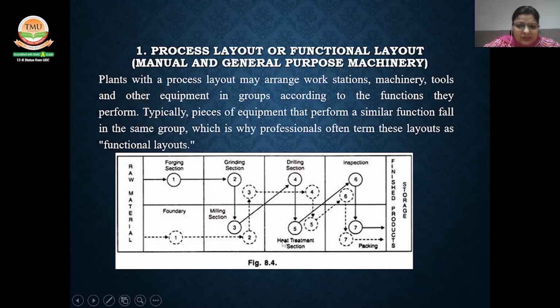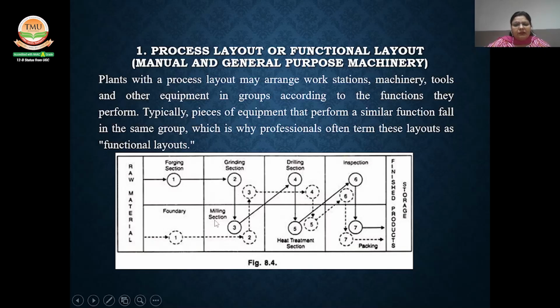We can take an example of a car manufacturing company, for example Maruti Suzuki. What will they do? In the starting, they make the frame of a particular car. The sheets of iron go to the forging section. Then it comes to the grinding section.